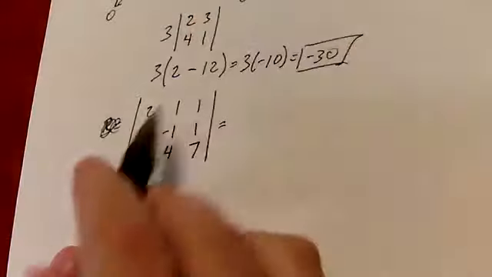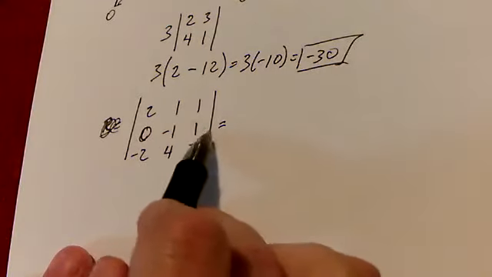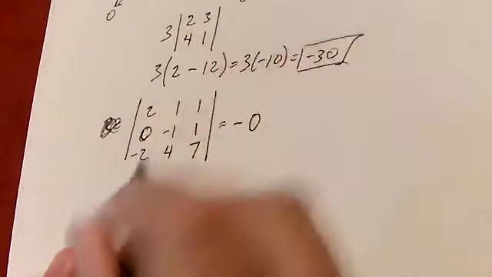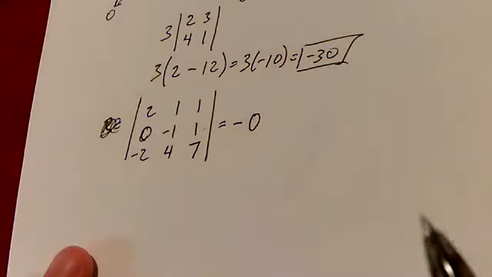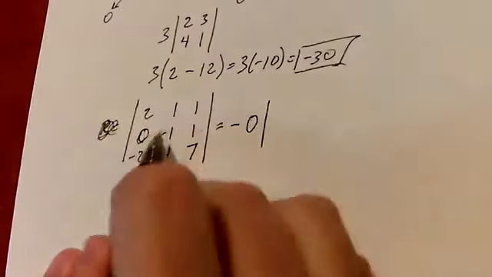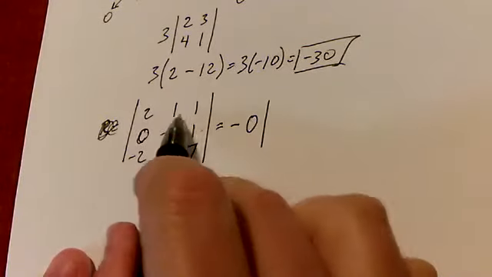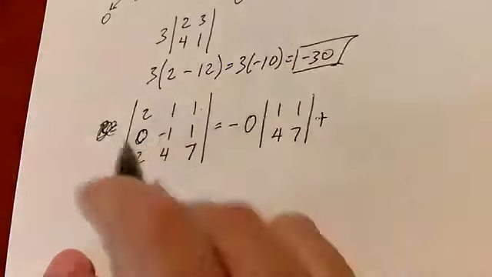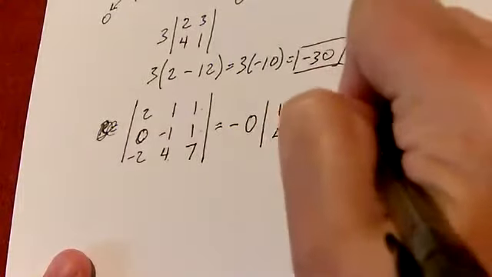So if I'm going to do the determinant, I'm going to do it from the middle row, a cofactor expansion of row 2. So I would get minus 0. Again, I get minus from the signs in the cofactor expansion. Times, ignore the column and row that it's in, so I get 1, 1, 4, 7, plus, second coordinate here is -1.